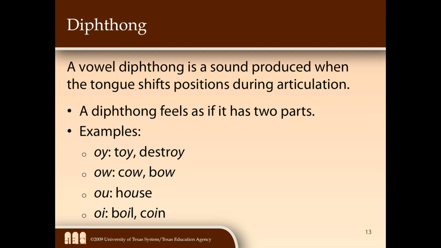Those letter combinations create what is called a diphthong. Toy, destroy. Cow, bow. House, boil, coin. So practice saying those so that you can identify the way that we hear it as almost two sounds and recognize those as diphthongs.